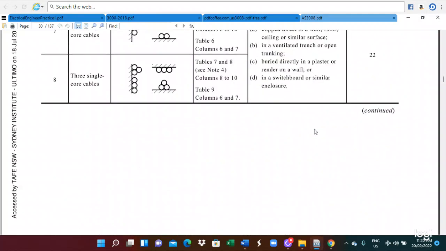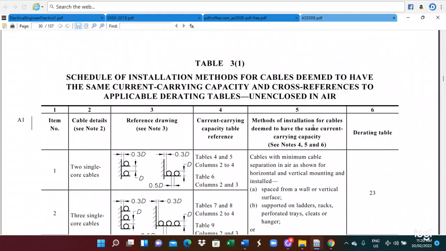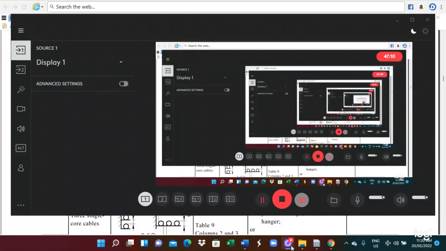Here is Table 3.1, the schedule of the installation and the methods for the cable.